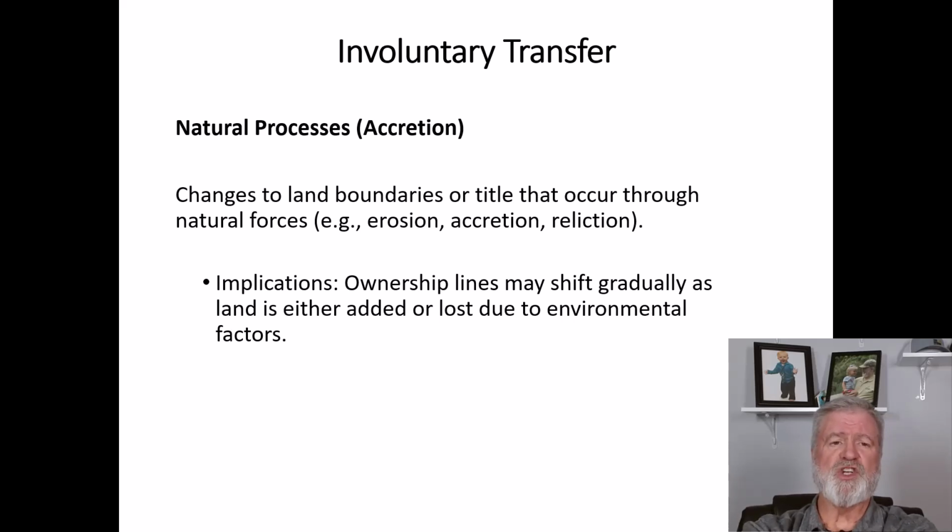If you remember, accretion is when you are gaining or potentially losing land due to the action of water, right? That could certainly change your boundaries, where your property lines would be, because water has a way of moving land, right? So in some cases, that water could cause you to gain some land. Others, it could cause you to lose some land.